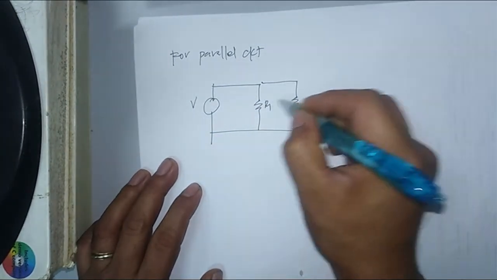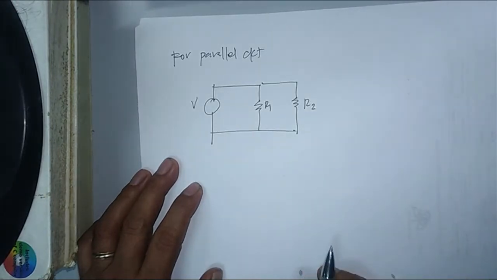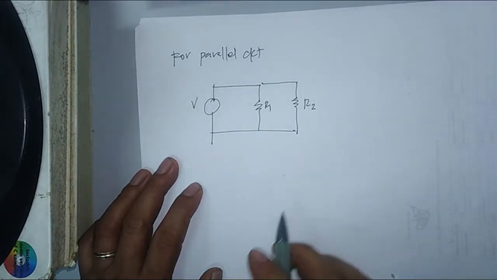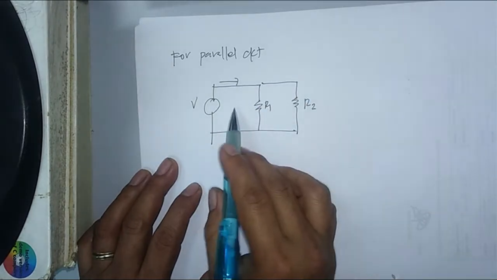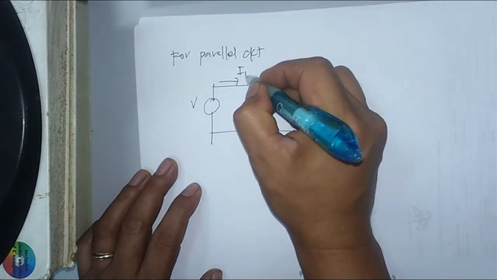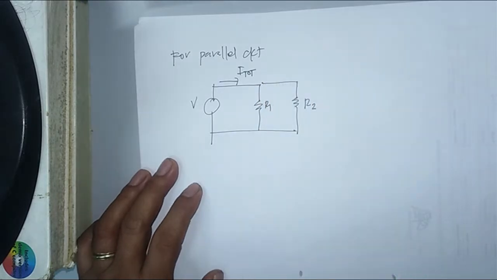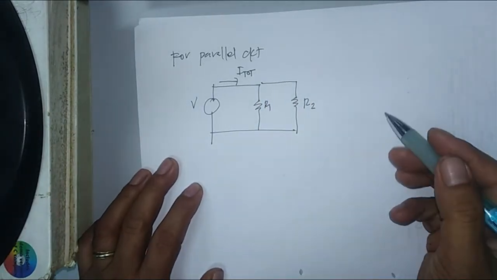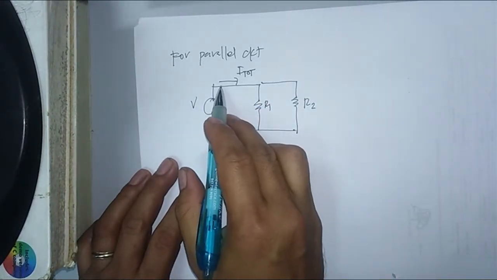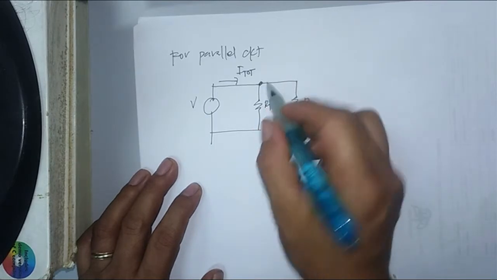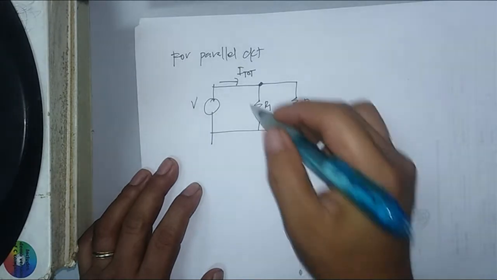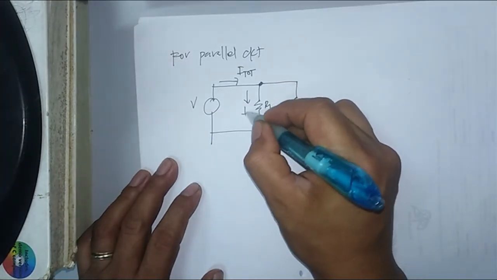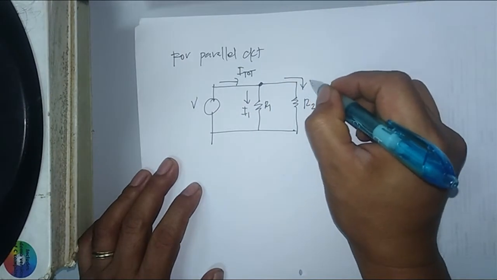Now we will label this as R1 and that as R2. For parallel circuit, the total current will flow here. We will label this as the total current. When the current passes this junction, the current will split into two. We will label that as I1 and I2.